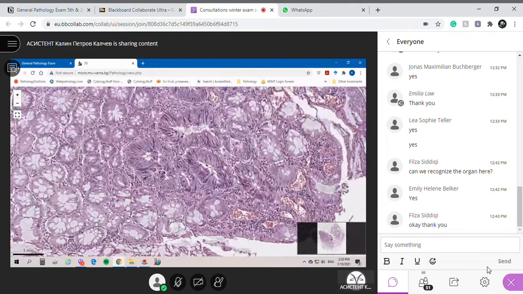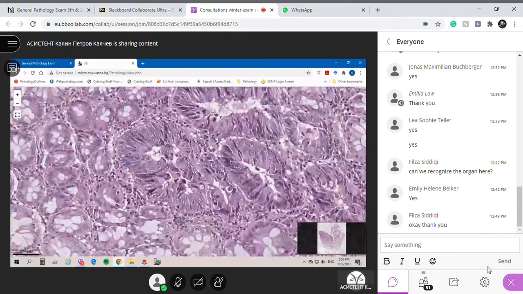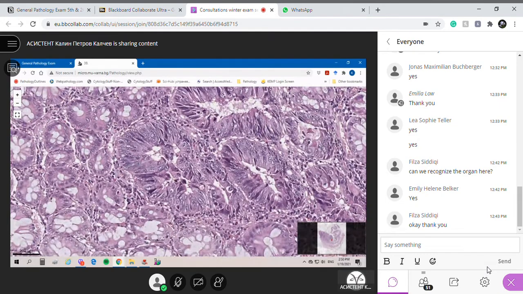And you can see that the nuclei of these columnar cells are not located only next to the basal membrane as in the normal cells, but they grow upwards to the apex of the columnar cells and to the lumen of the glands.